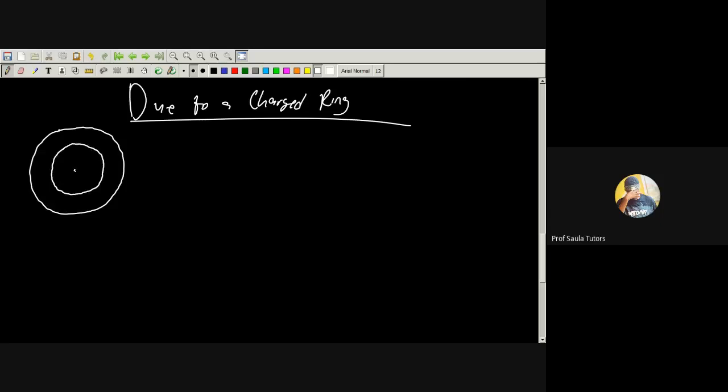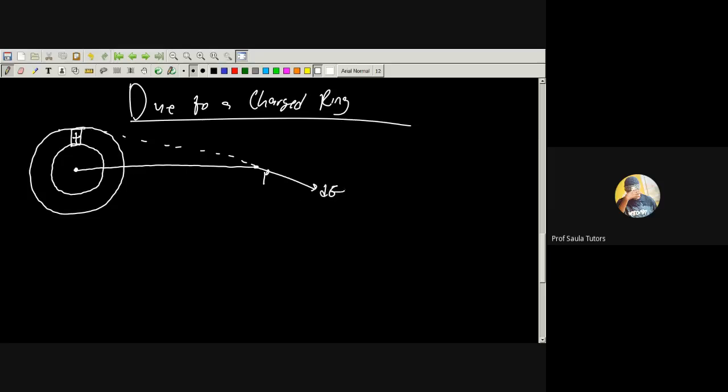So let me say this is the center of the ring, and then I want to find the electric field at this point of interest P. Picking a tiny positive charge, that was the way I proved it. By the time I draw this, so you push it the E. So that's what I do while going about.